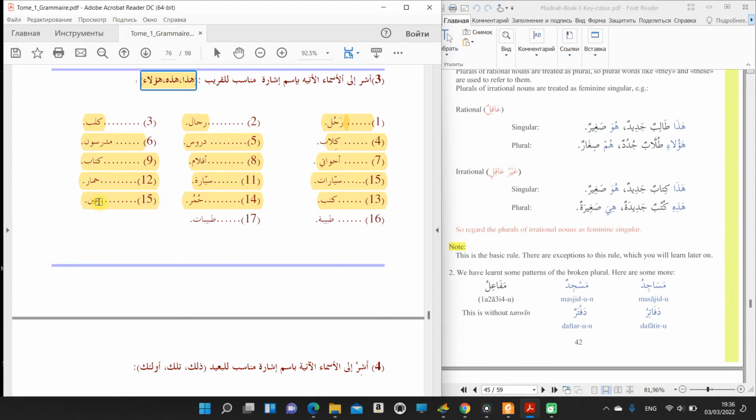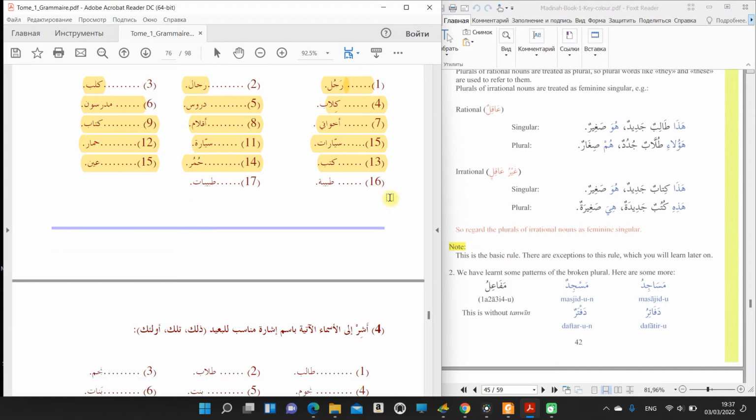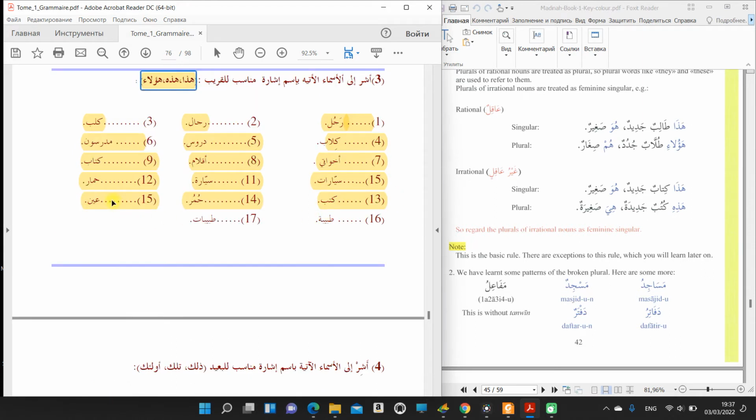Like hand, yadun. It's also feminine. Your eye is feminine from the grammar perspective, of course. Your eye, your ear, it's all feminine because they come in pairs. These organs come in pairs, that's why. So you see, this was a bit tricky.